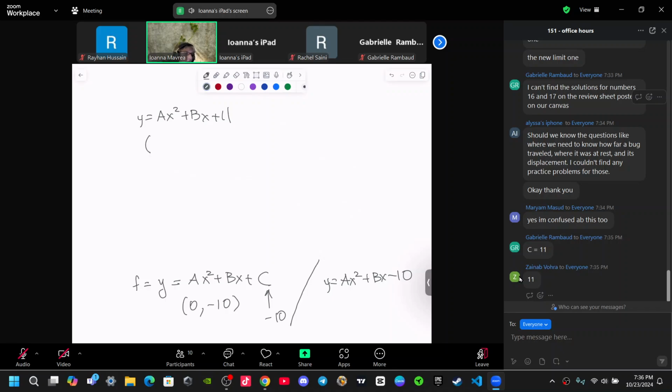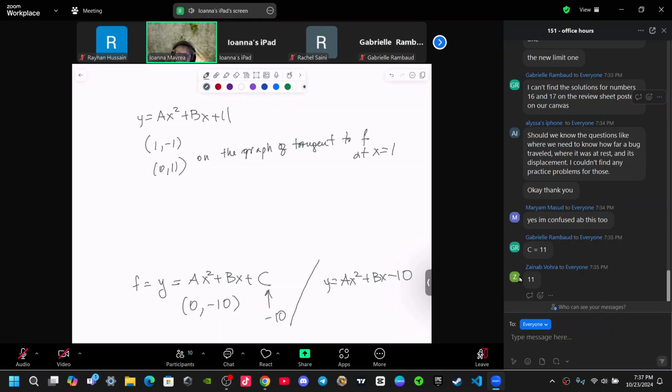It tells you that 1, negative 1 and 0, 11, okay, are on the graph of the tangent to f at x equal 1.